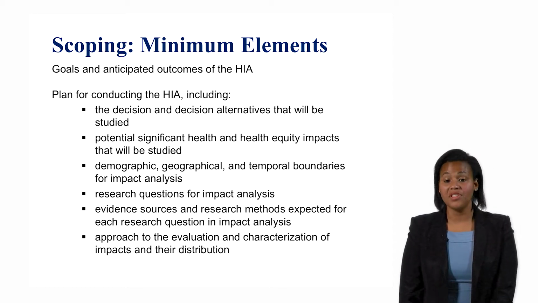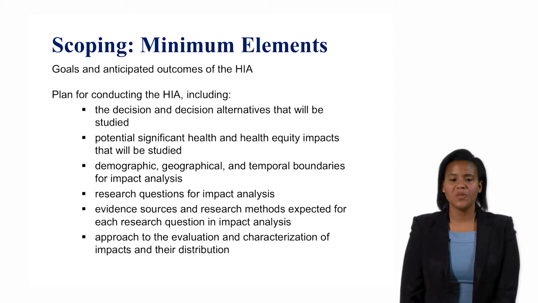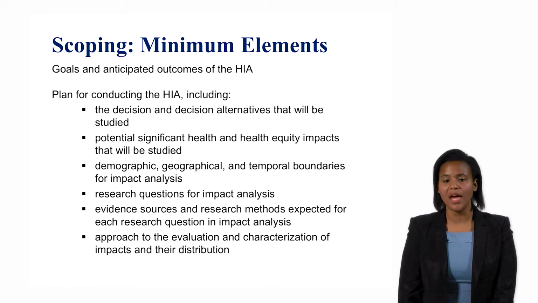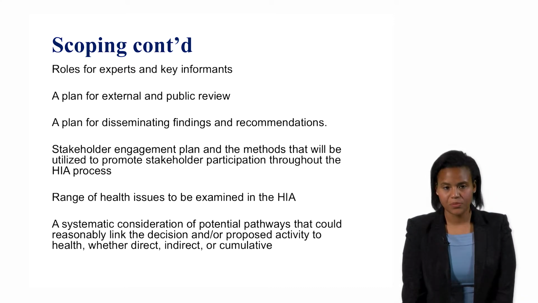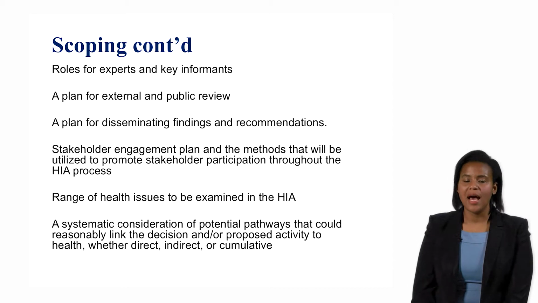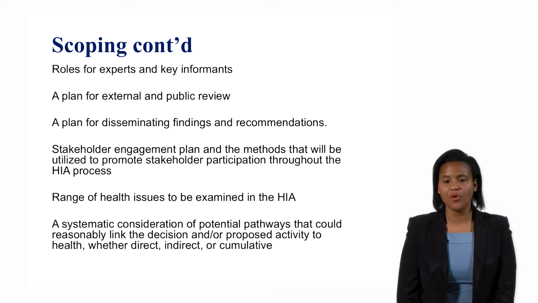So you're thinking about the decision, if any alternatives are going to be studied, what are those potential significant health and health equity impacts, what are those boundaries, what are those particular demographic categories we care about, what are those research questions for impact analysis, what do we know in terms of the evidence that we have available and what kinds of methods we're going to have to use, what's going to be our approach to characterizing the impacts and their distribution.